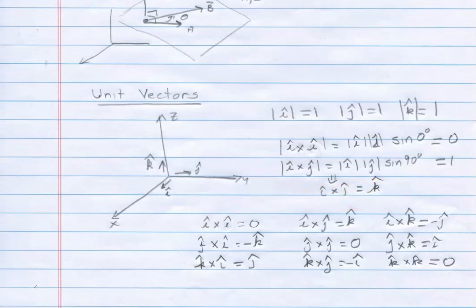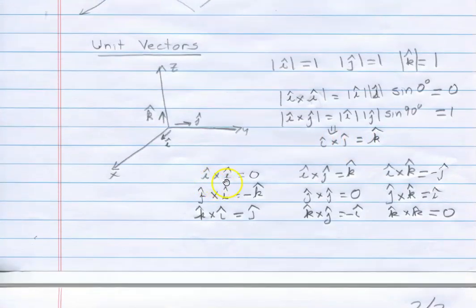It's useful to develop a little multiplication table here. i hat cross i hat, j hat cross j hat, k hat cross k hat are all zeros, so it's 0 on the diagonal. And any vector crossed into itself, whether it's a unit vector or not, is 0 because it makes an angle 0 with itself. And the sine of 0 is 0.